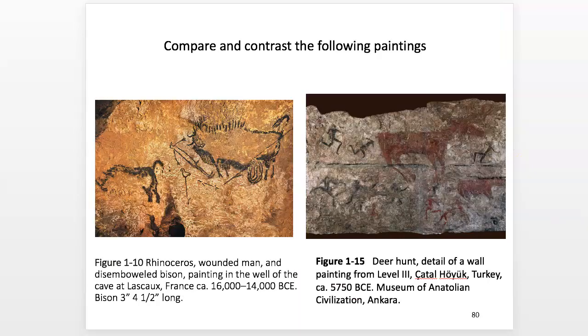Versus before, when we were looking at the rhinoceros, the wounded man and disemboweled bison, the man has way less detail than the animals, right? Here the human figures are almost as detailed, or even in certain ways more detailed than the animal figures, the deer.